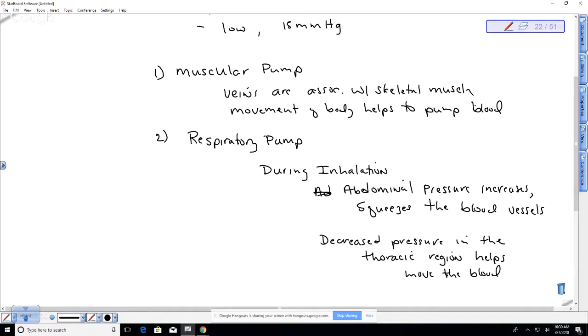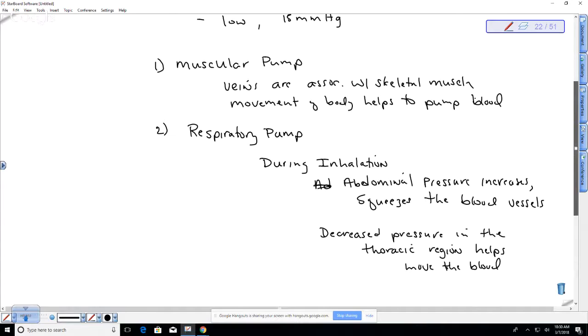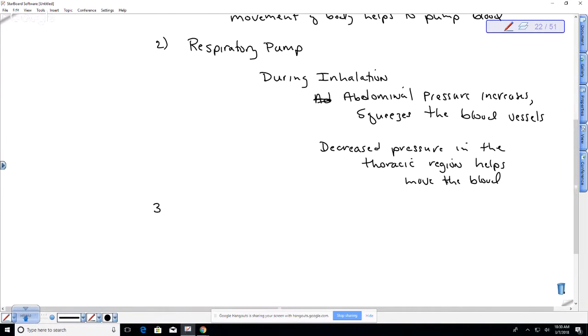And then we also have some ability with the sympathetic nervous system. Remember that that's the fight or flight. The sympathetic division of the nervous system is the only part that innervates the blood vessels. The parasympathetic division does not innervate the blood vessels. So sympathetic vasoconstriction of veins.